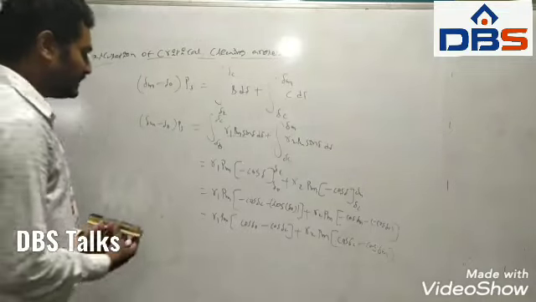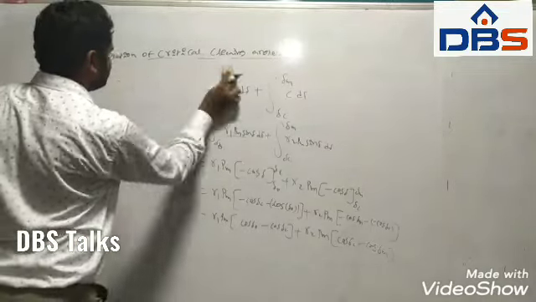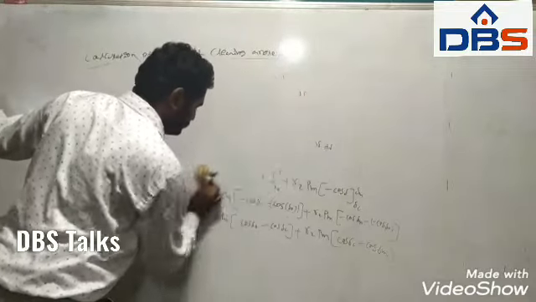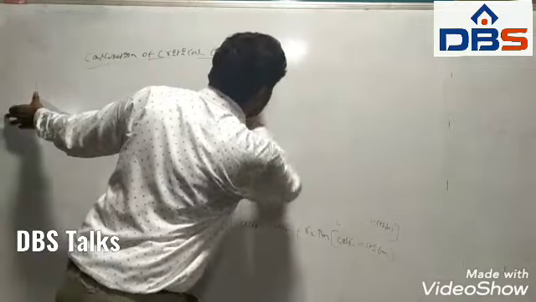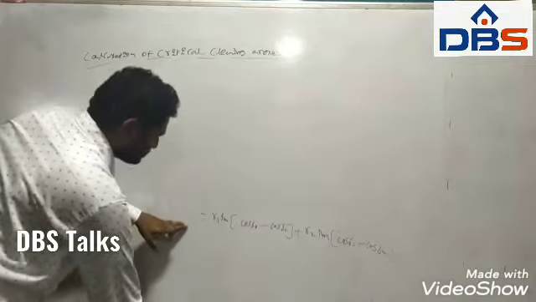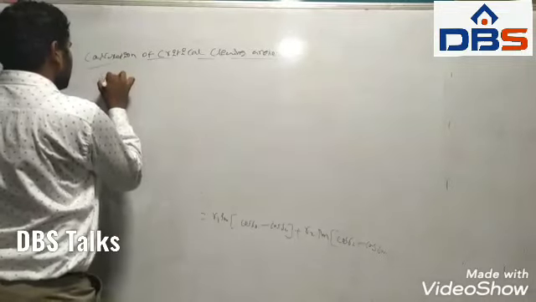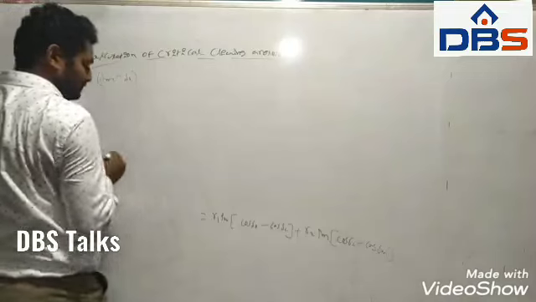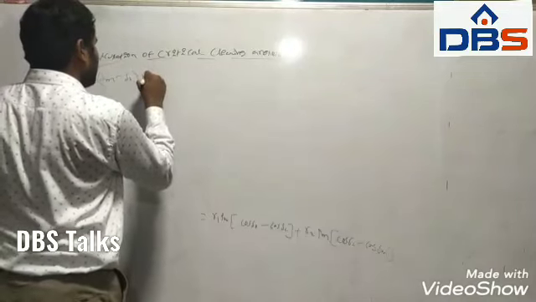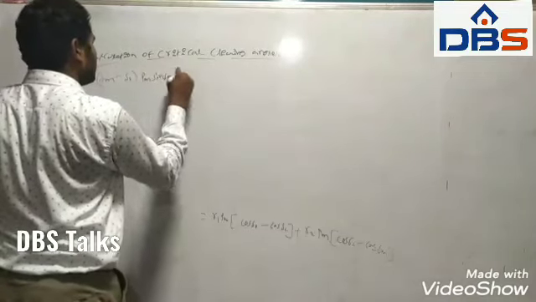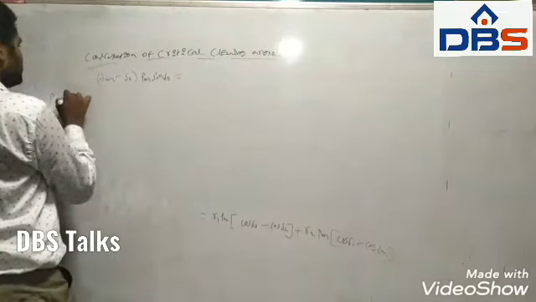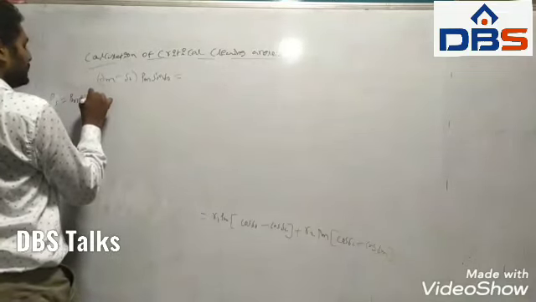So by using this equation we will write (delta m minus delta naught) into, so Ps means that is Pm sin delta naught. Here I am taking Ps is equal to Pm sin delta naught.